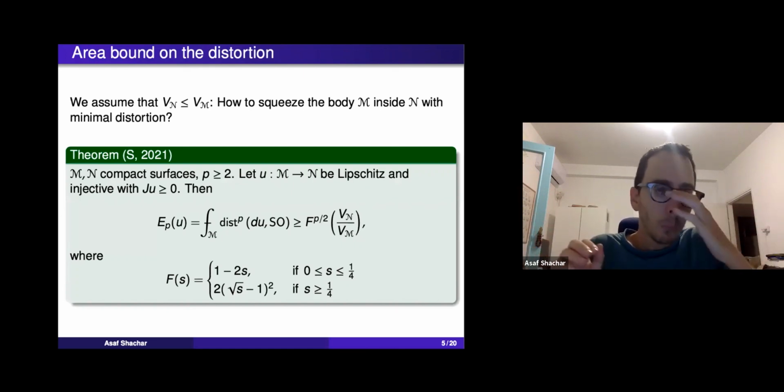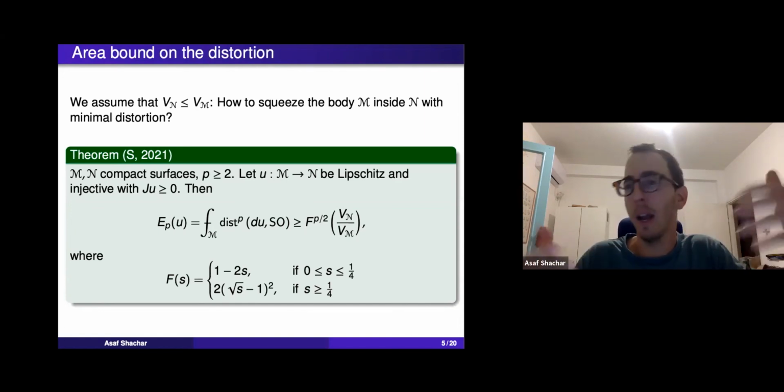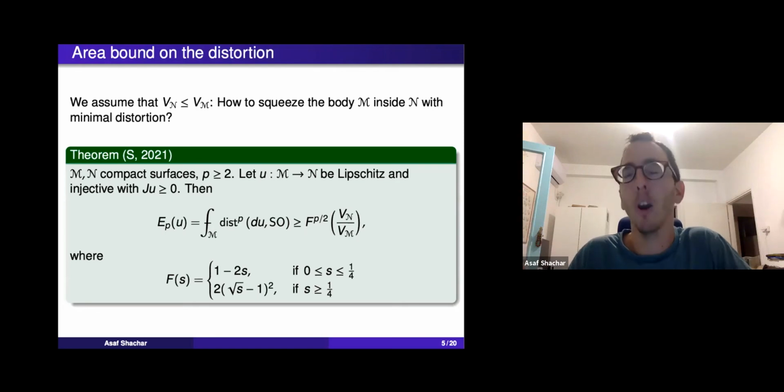So the main result I'm presenting today is the following. If M and N are compact surfaces, and p is some exponent greater than or equal to 2, then let u be any Lipschitz configuration, any Lipschitz map, which is injective and has non-negative Jacobian.